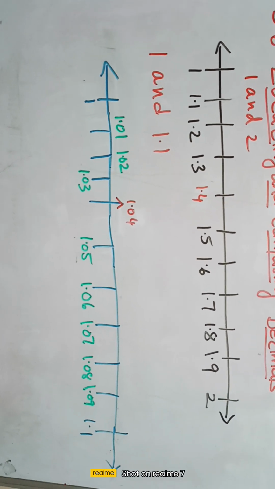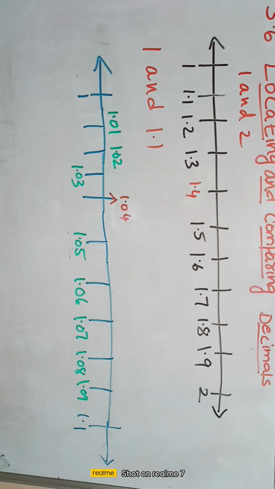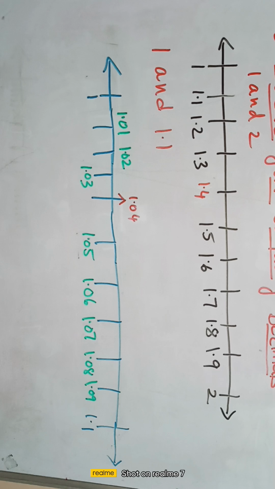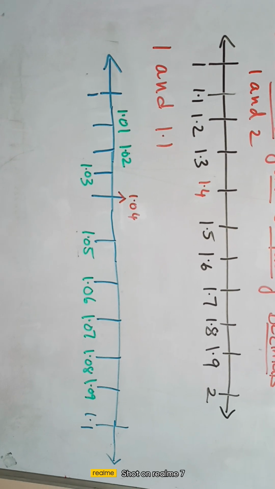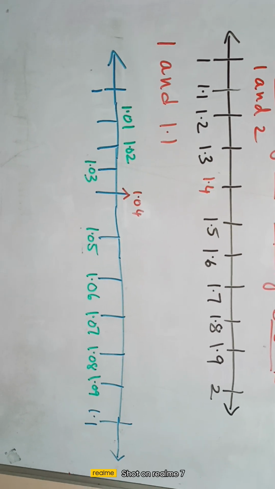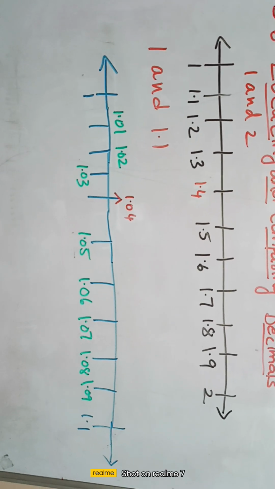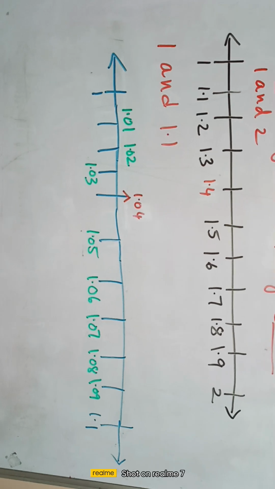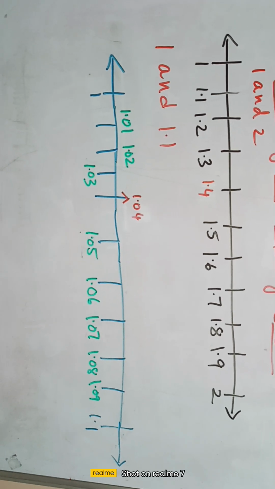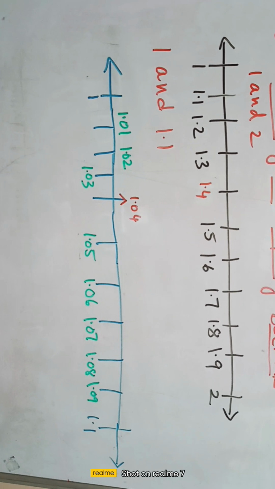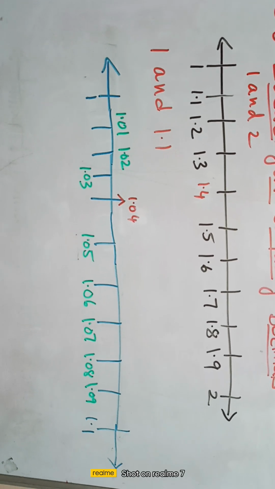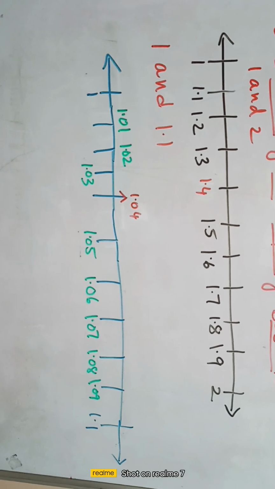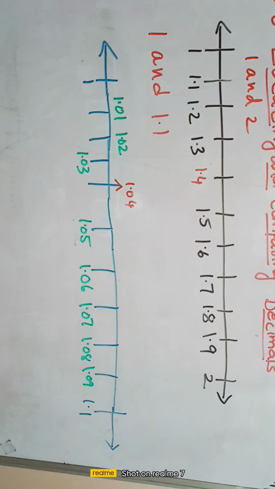In the above line it is a tenth part, and here the digits after the decimal, 0 and 01, 02, mean it is a hundredth part. A decimal with one digit after the point is a tenth part. So between 1 and 1.1, 100 divisions are there: 1.01 like that 1.09.